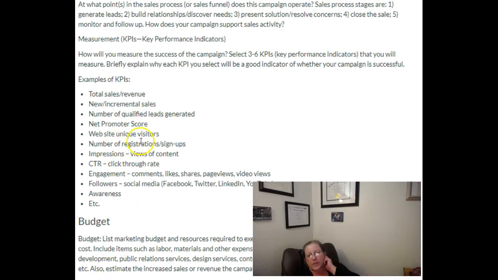Website unique visitors, number of registration signups, impressions, views of content, your click-through rate, your engagement, your comments, your likes, your shares, and then your followers on social media, awareness, and then anything else you could think of that might be an indicator of success of your promotion. And that's all going to kind of go back to the goal of what you were actually trying to do with this promotion. So this is all going to be relative to your specific campaign.